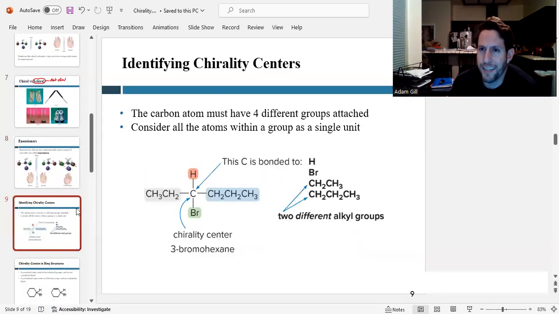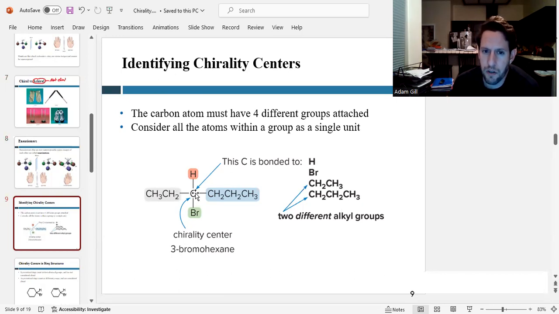Now, how can we identify the chirality center in a given molecule? We need to have 4 different groups attached to the same carbon. We can consider clusters of atoms as a single group, if you will.